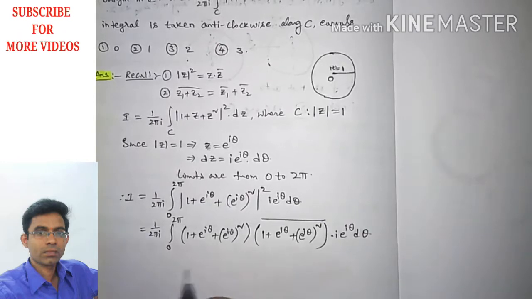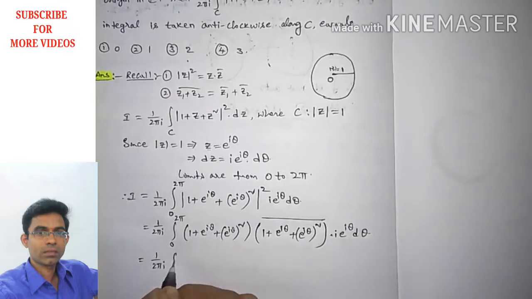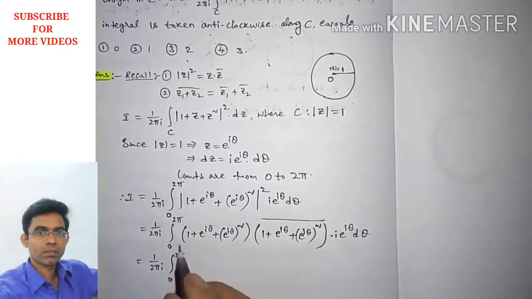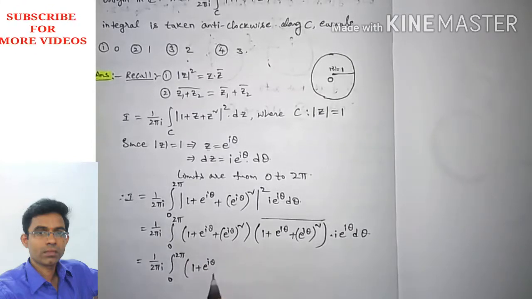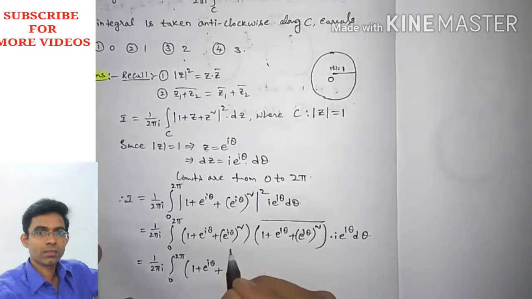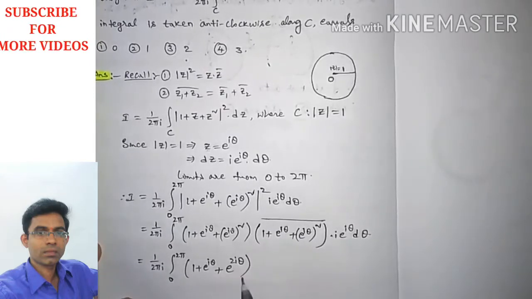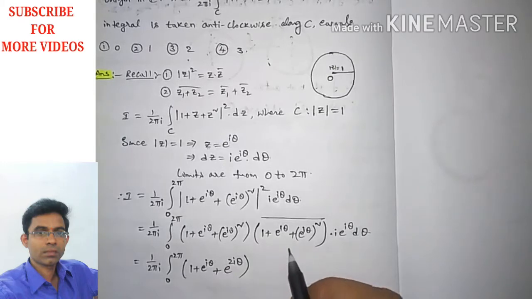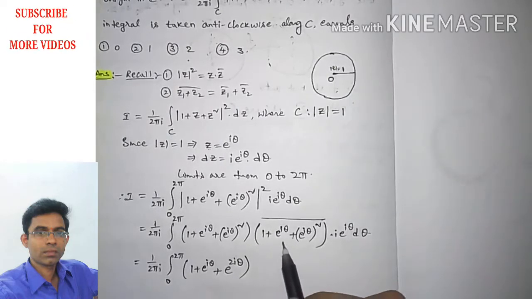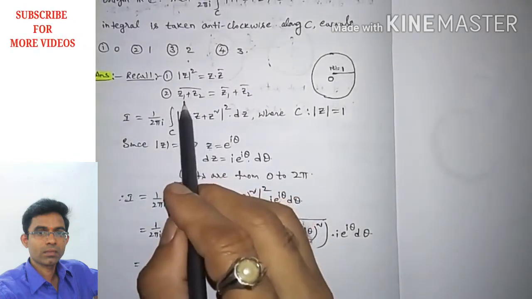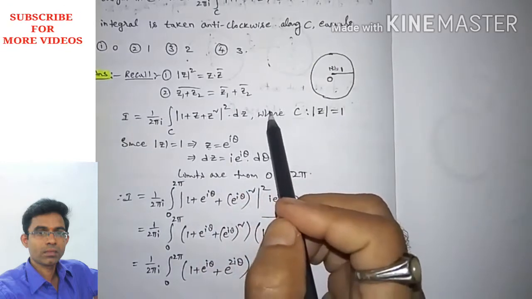Now this can be written as 1 by 2 pi i integral 0 to 2 pi. We are writing this value: 1 plus e power i theta plus e power i theta whole square can be written as e power 2i theta. Now the conjugate part is of the form z1 plus z2 whole bar, which we know can be written as z1 bar plus z2 bar.